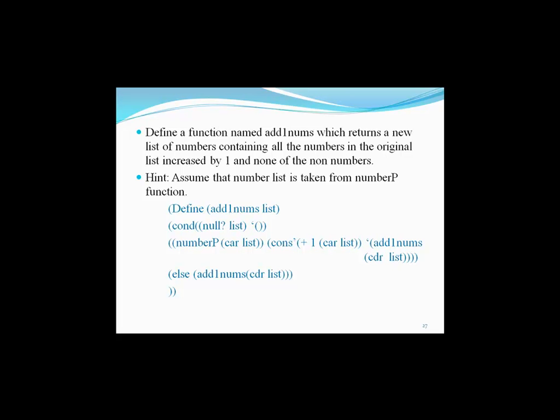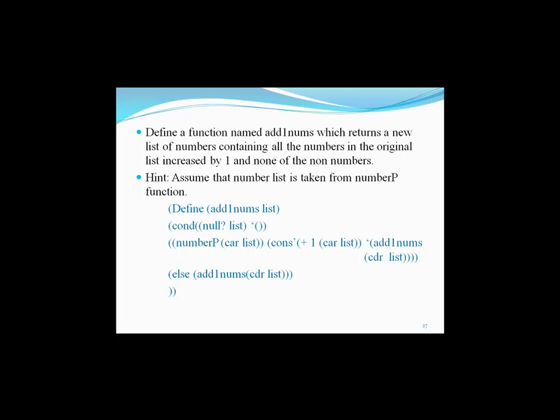First we check if the list is null. If the list is null, we return an empty list, and we are using the cond function here, so we are going to give a second condition. In the second condition we check if the car of the list is a number, so we send the car of the list to the number? function. If it is true, we use cons to combine two lists.